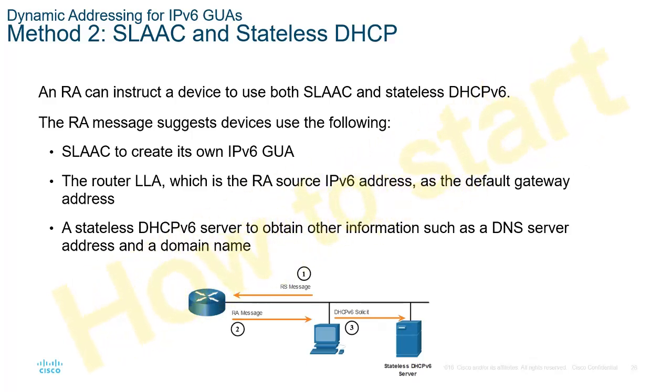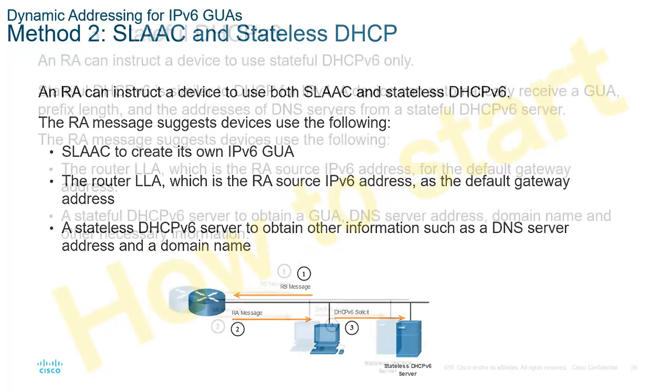The router advertisement will also give the default gateway, and then the rest of the configuration will be obtained from the stateless DHCP server. Essentially, the router says, here's my information, here's the information for the DHCP server, get the rest from the DHCP server.